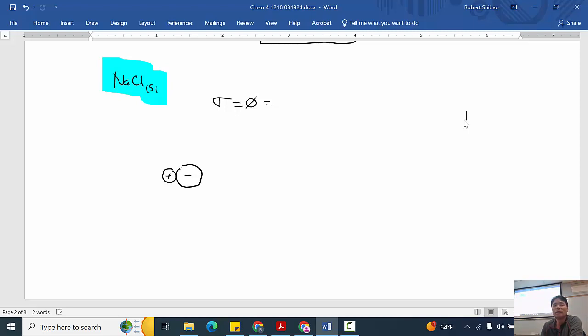Sodium chloride would be a lattice. And a lattice's structure is going to just consist of sodium and chlorides. Sodiums are smaller, chlorides are bigger. So we have lots of sodium ions and lots of chloride ions, and those all have charge.